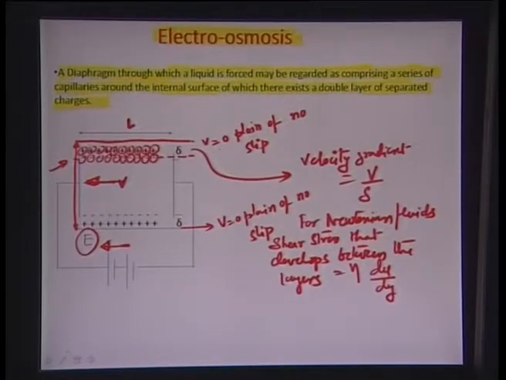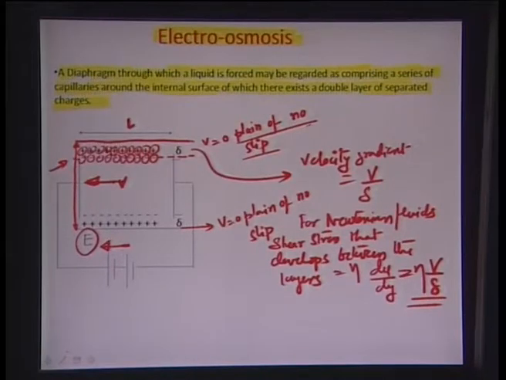So, this can be represented as neta times V by delta. This is the amount of stress, or force per unit area, that is needed to shear the outer Helmholtz plane with respect to this layer of no slip, which is present close by as the inner solvation shell close to the surface.